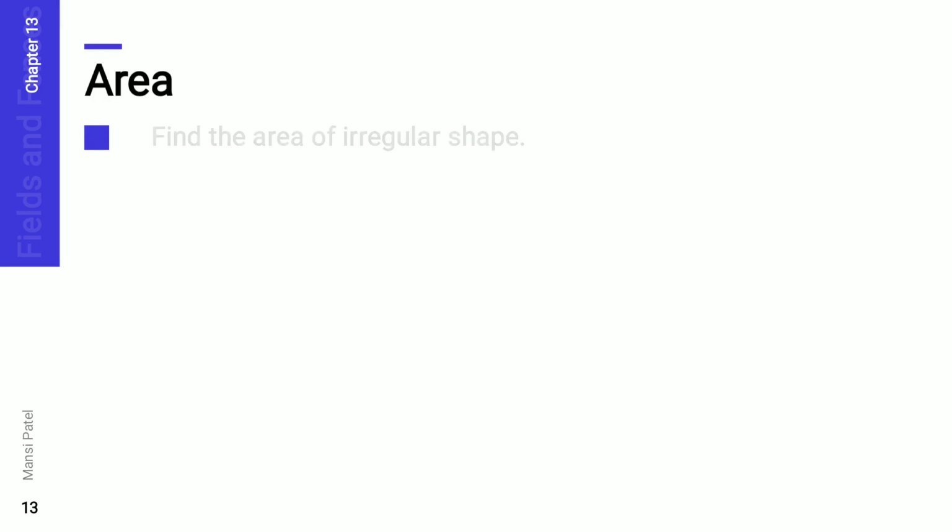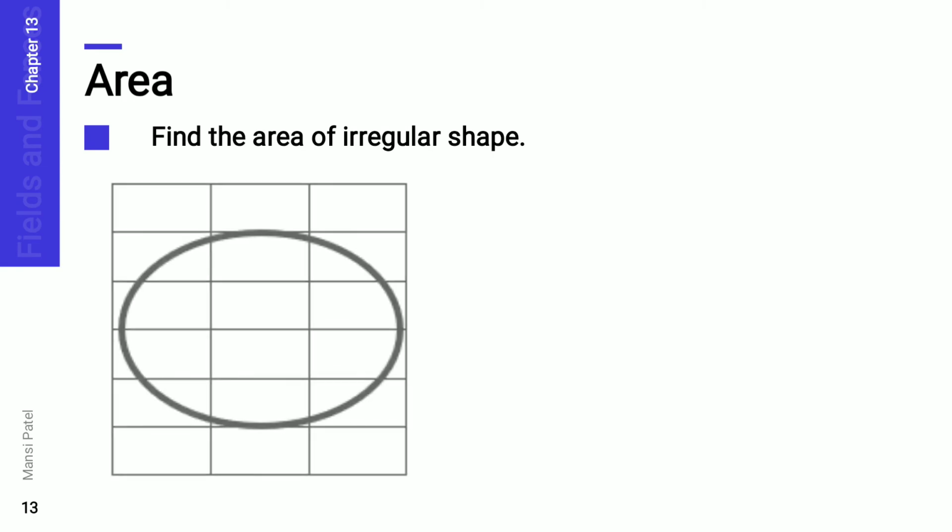Area. You want to find the area of this irregular shape. In this square grid, one shape is given, that is the circle. So first, you have to count the number of squares which occupy a whole square and more than half a square.